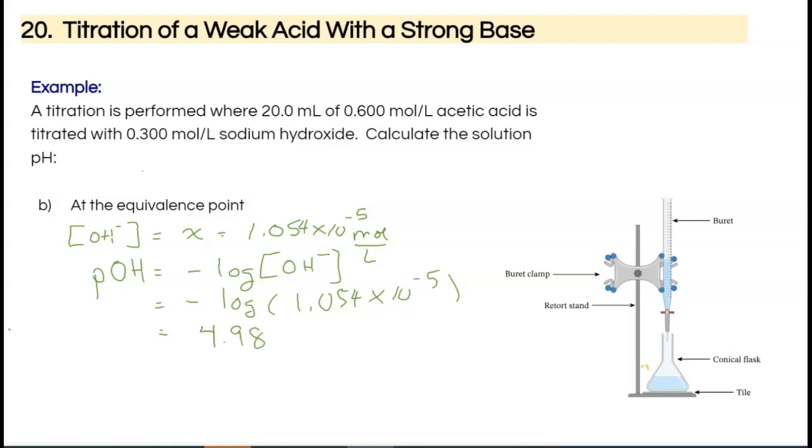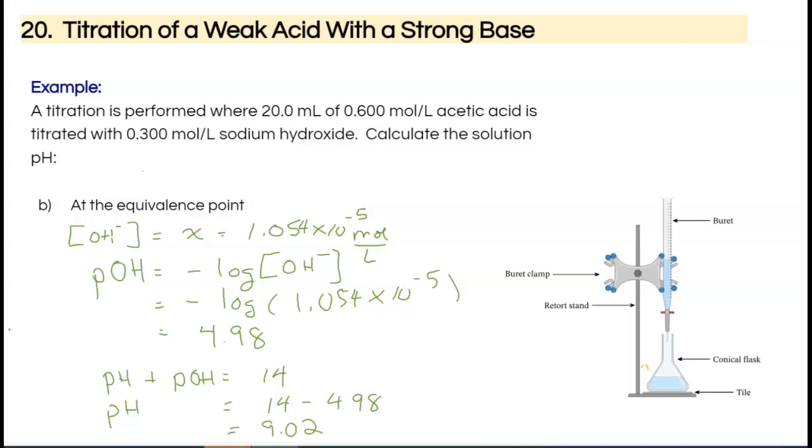And so I know that there's this handy relationship here where pH plus pOH is equal to 14. And so subtracting that pOH value, the 4.98, from 14, I'm going to get a value of 9.02 as my pH at the equivalence point.